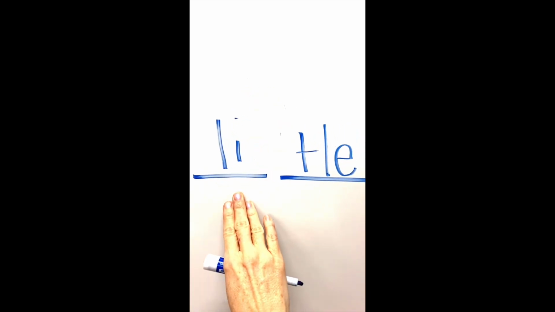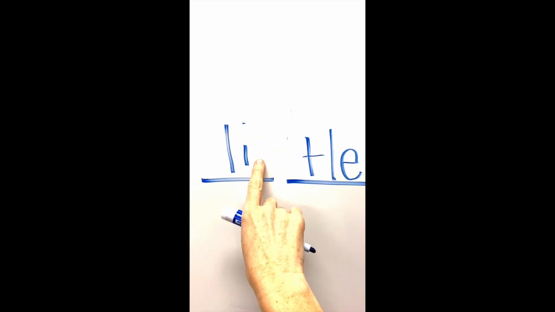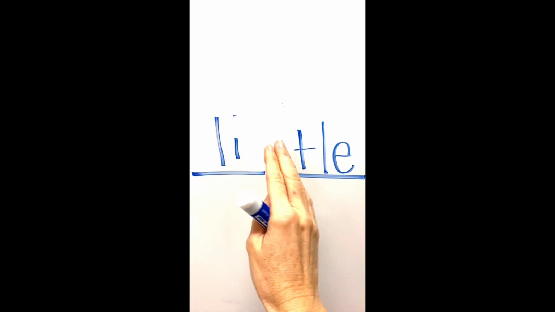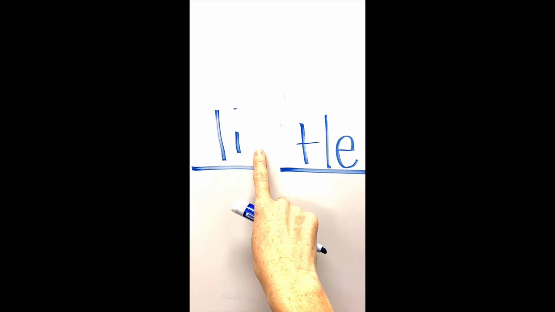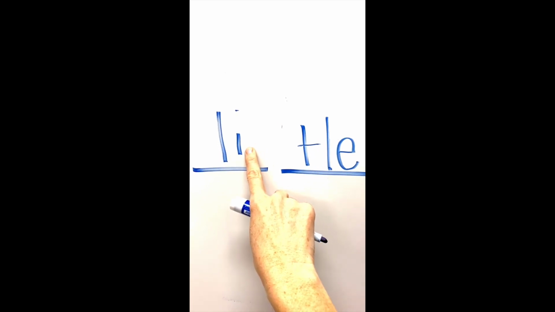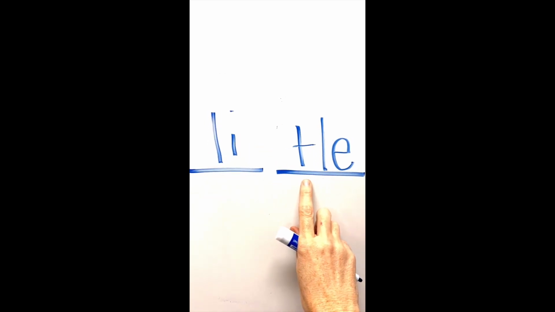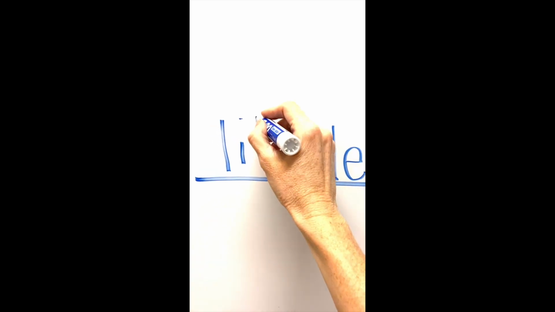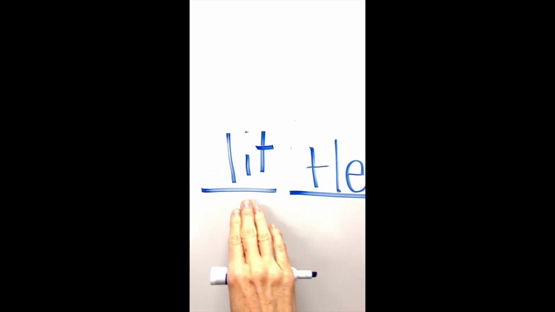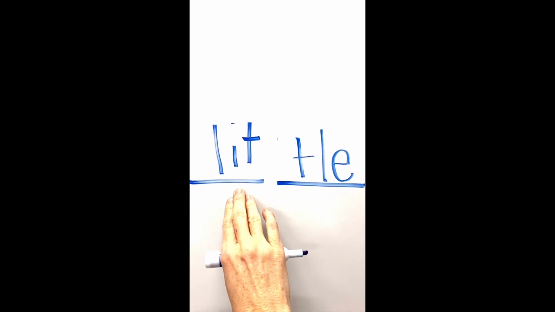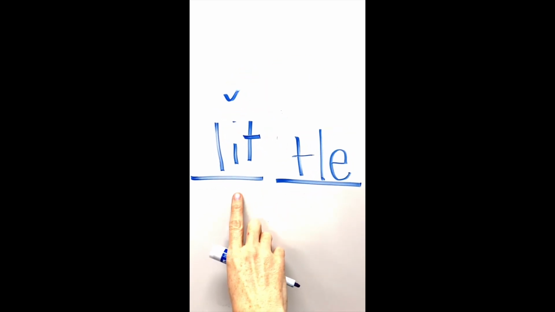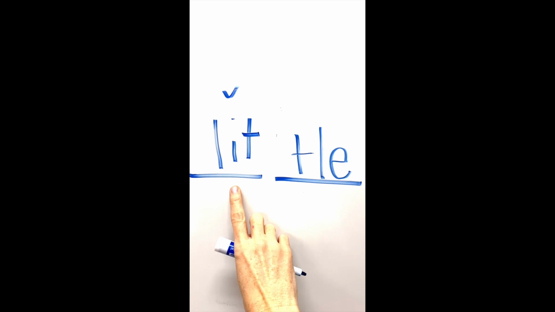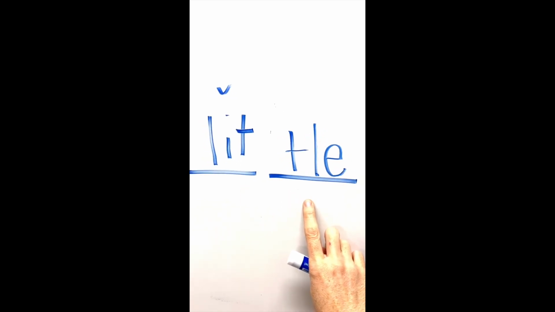That would make it say li. So I know that this syllable needs to be closed in by a consonant in order for that vowel to be short. So I'm going to look at that next consonant, and I know that I need to double it to close in that vowel. So now it's short, it's closed in. So the syllable types are closed syllable, and the consonant LE syllable type.